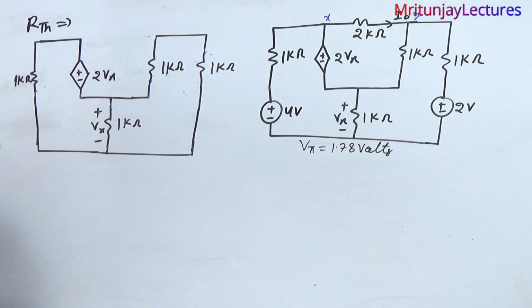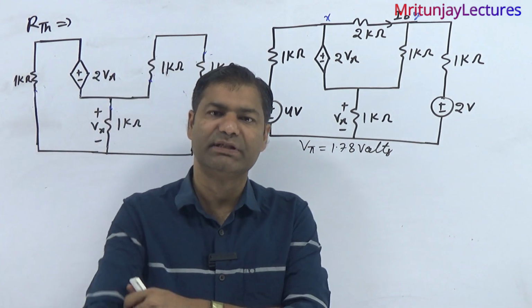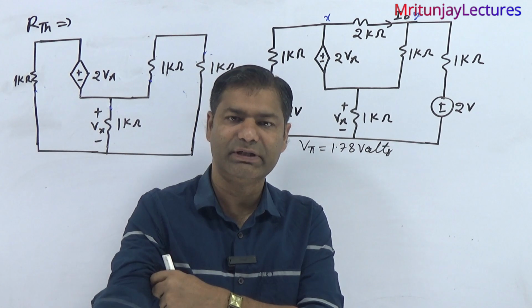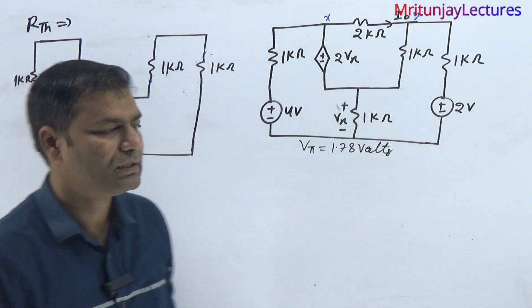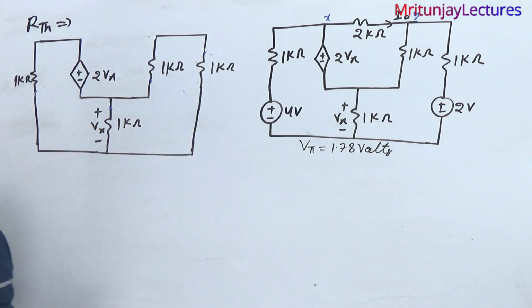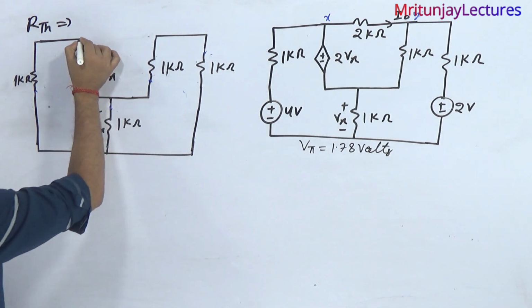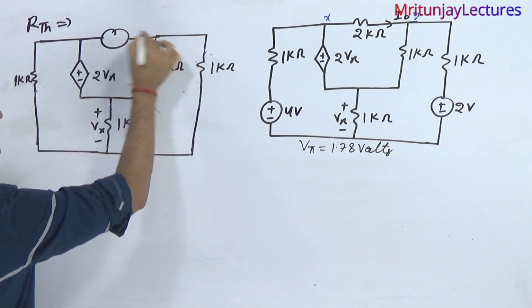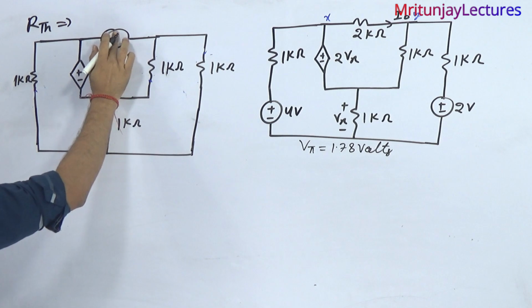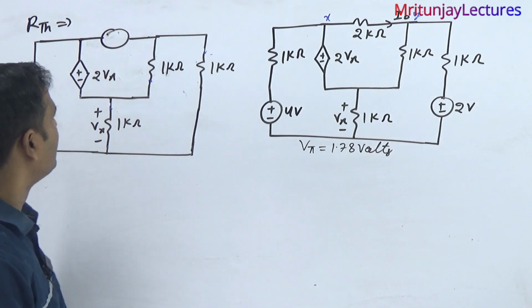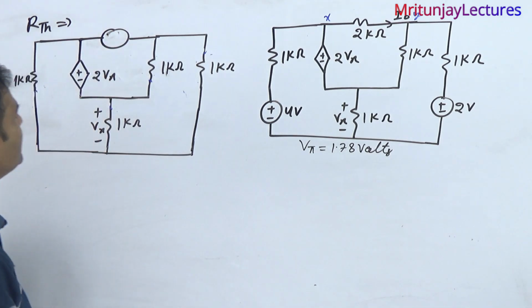But here there is 2Vx, means a voltage dependent voltage source is available. So how can we handle this type of problem? You can consider a 1 volt source or a 1 ampere current source.